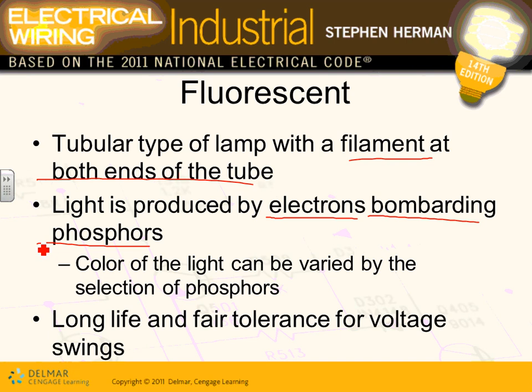That arc is converted through the phosphorus into a light that you and I can see. You can change the color based on how you treat the phosphorus. But that's not an option for the site, obviously. It has longer life than the incandescent and fair tolerance for voltage swings. It is still an option, guys, indoors, but outdoors typically is not a good option.